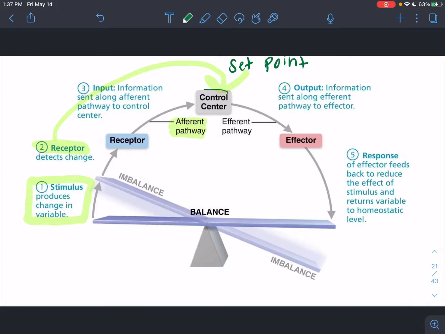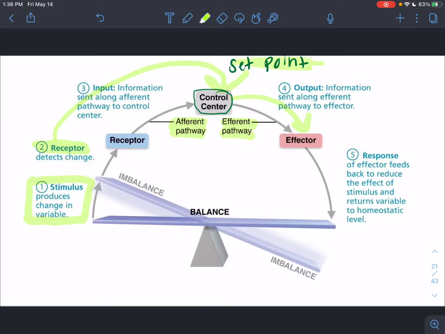If the control center determines that the body temperature is not at its set point, it's going to create some sort of response, and it's going to send that to the effector. Again, that's the efferent pathway. And the effector is what's actually going to do a response. The effector is going to change something in your body to get the, in this case, body temperature, that variable, back to its original set point.